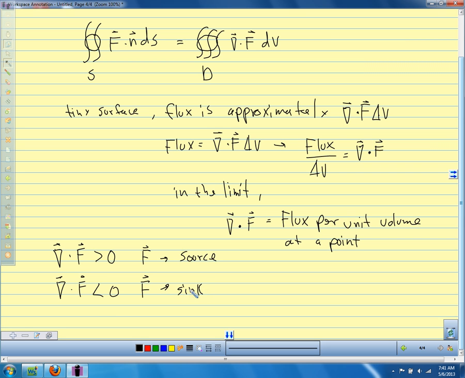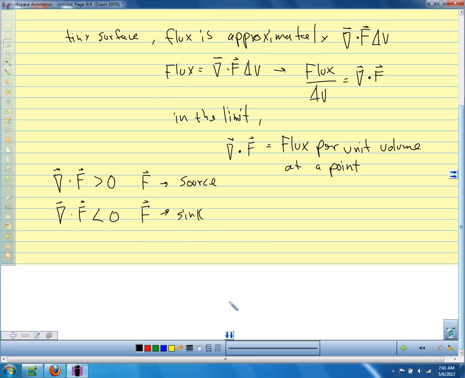So the field is sinking into the volume. It's absorbing, we can think of it as absorbing. And if del dot F is 0, we call F incompressible.